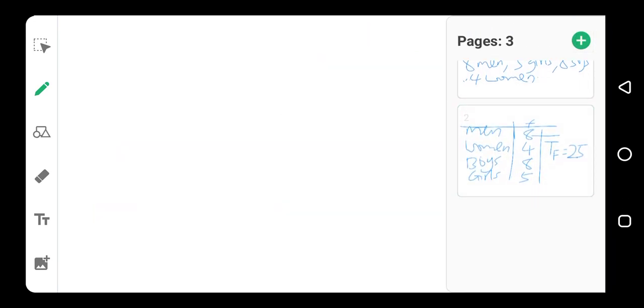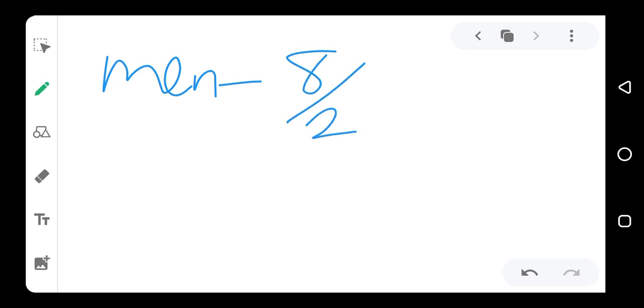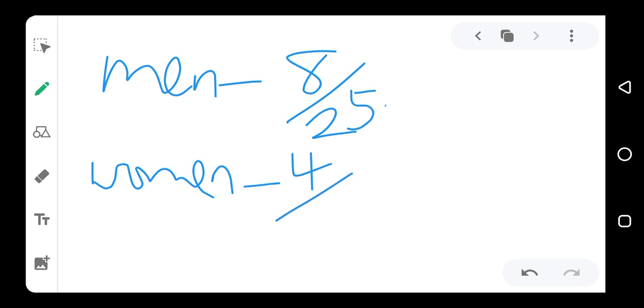So for men we have 8, so it's going to be 8 men over the total people in the group, which is 25. Let's just write it as a ratio like this: 8 over 25. Then we take women, the ratio of women is 4 women over the total people in the group, 25.